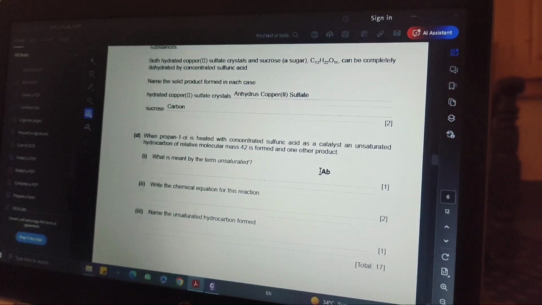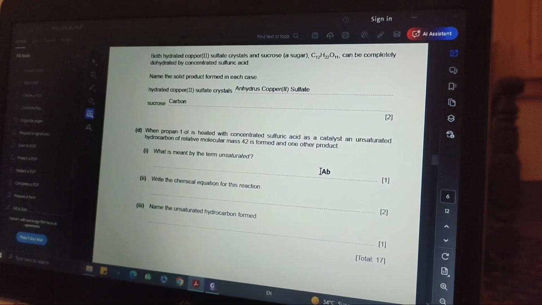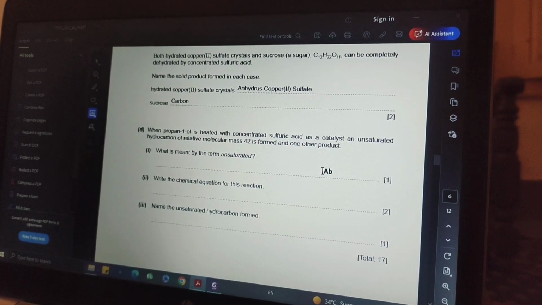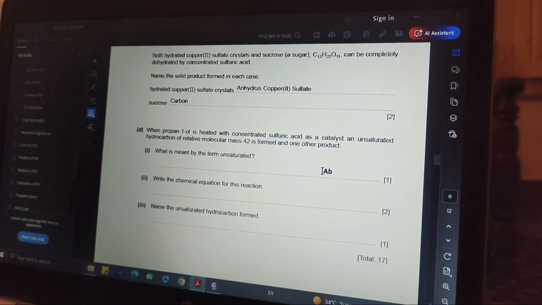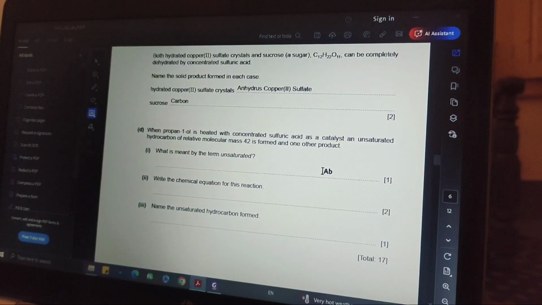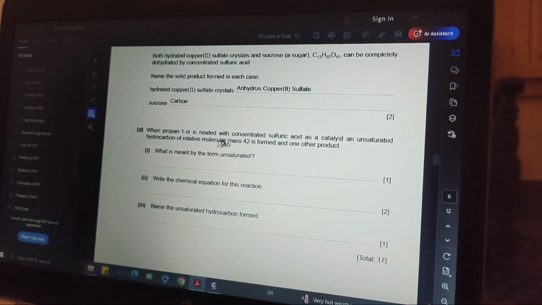When propan-1-ol is heated with concentrated sulfuric acid as a catalyst, an unsaturated hydrocarbon of relative molecular mass 42 is formed, and one other product. What is meant by the term unsaturated?